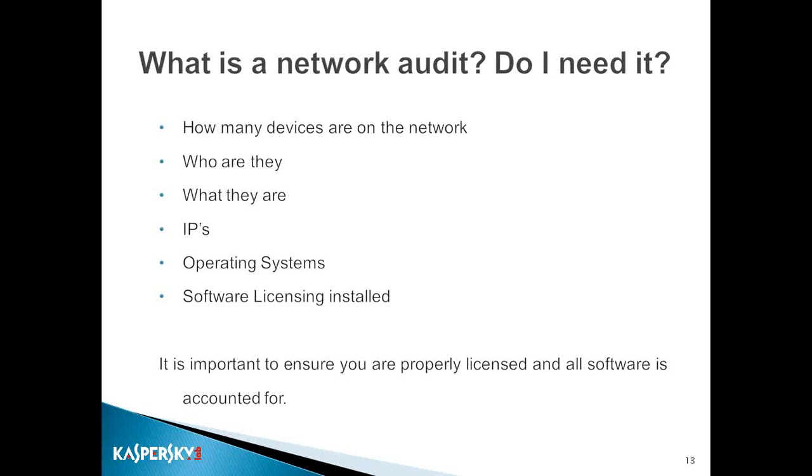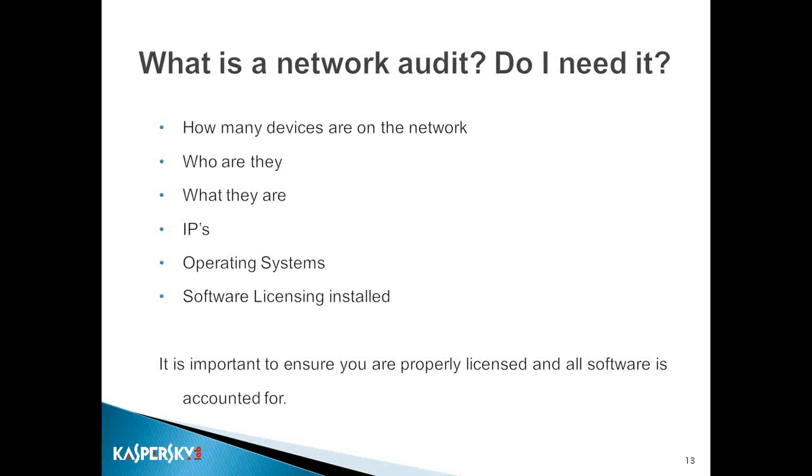You'd find things like how many computers and how many devices are on the network. Who are they? What are they? For example, where are they located? Operating systems that are running and the actual software licenses installed on your network. It's quite amazing how many environments we come across that don't realise the types of applications they have running. It could be from a number of reasons.